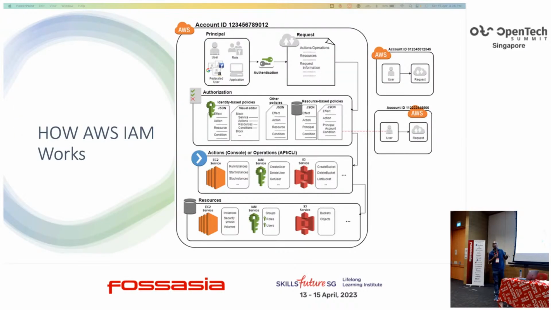So what we have discussed, now come to a real case. When we create an AWS account, we will first have principals. A principal will make a request to access certain services. When the request happens, it goes to authorization, which will check what policies this current user has.